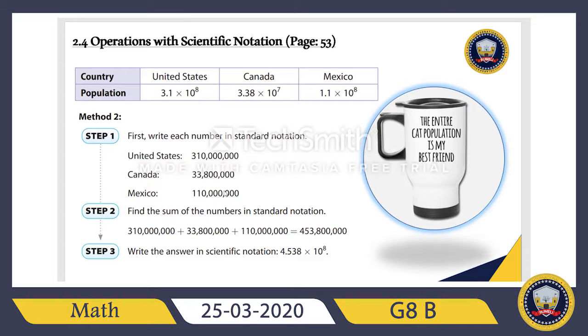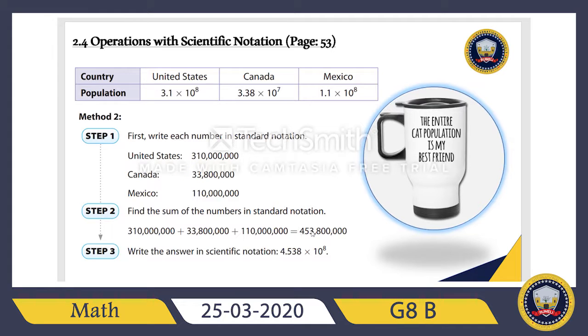Okay. Now I have 3 numbers that are written in standard notation. I'm going to add them all. Simple addition, and finally I will get the total, which is 453,800,000. Now I need to convert this number back from standard notation to scientific notation easily by moving the decimal point back to the left. How many places? 8 places.